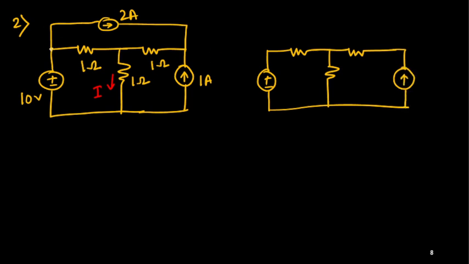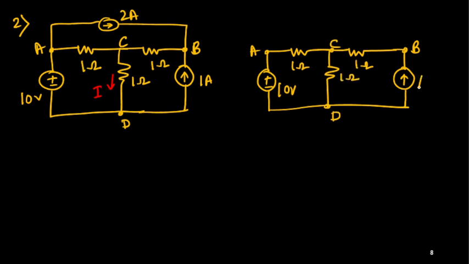Now consider that this node is A, this node is B, this node is C and this one is D. The 10 volt, 1 ohm each, and this is 1 ampere. Fine. So far this is good.